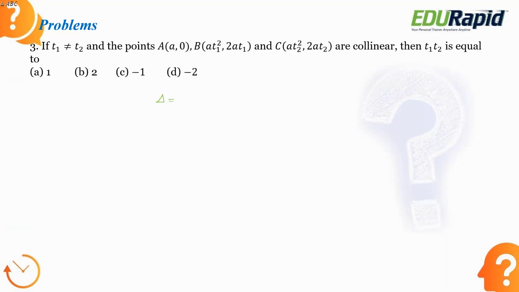what we do here is we consider that as a triangle because the 3 vertices are given. Let me consider it as a triangle. What's the formula for a triangle?